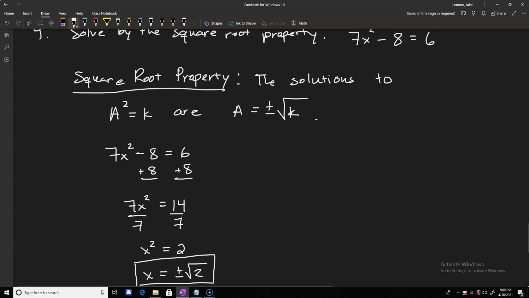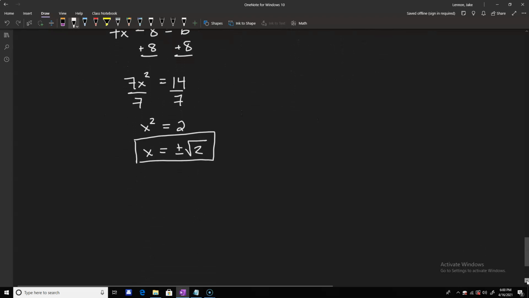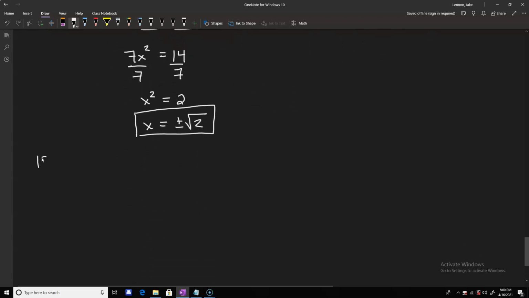Number 10, we're going to use the quadratic formula, so there's a bit more arithmetic to it. So we'll say solve by the quadratic formula.